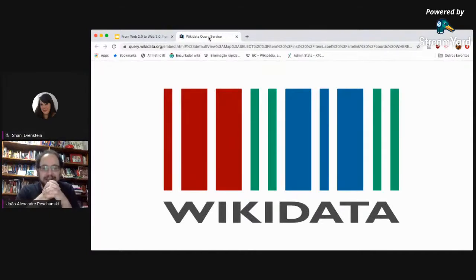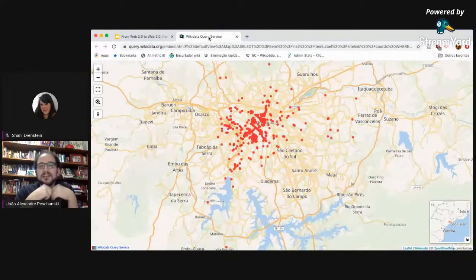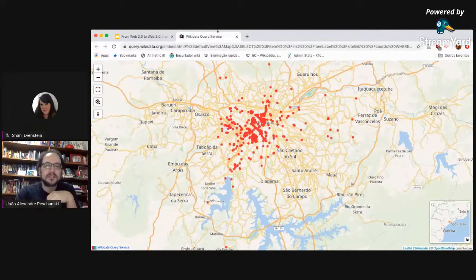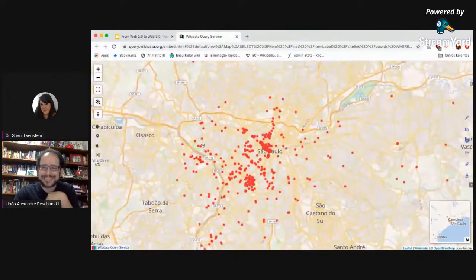Basically, you can check where the monuments in São Paulo are located. Each one of these dots, and there are, I think, 1,100 dots, means a student of mine went to this exact location.